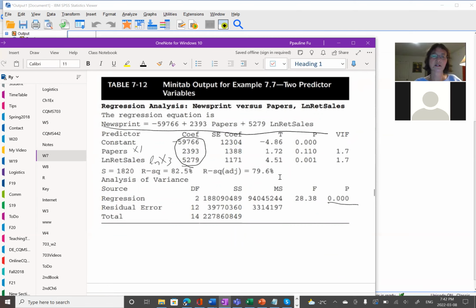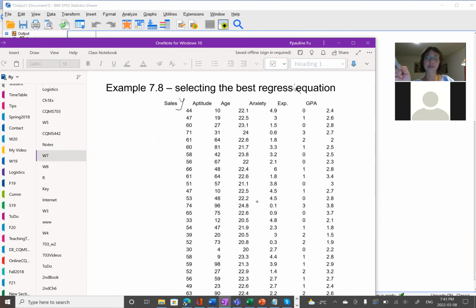So let's look at this question. So in this question, we have Y is my sales, aptitude test, GPA, experience, anxiety, age. Yes, so this is aptitude test, okay?